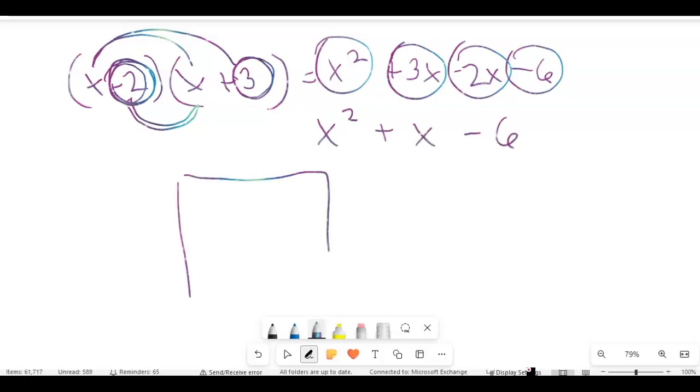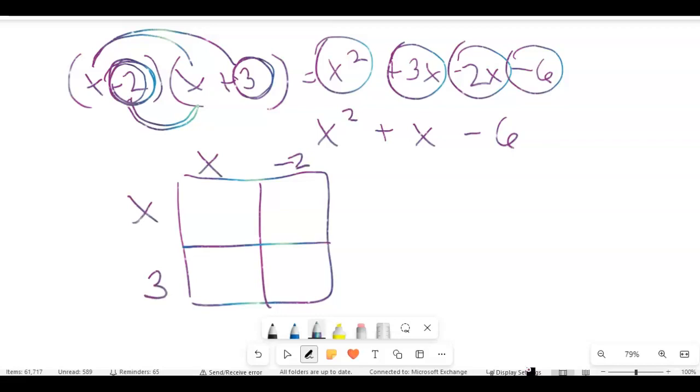We can also solve this using the square, where we say x minus 2 times x plus 3. Again, the key and most important part here is that we keep that negative 2 there. Then we have x times x is x squared, negative 2 times x is negative 2x, 3 times x is 3x, and 3 times negative 2 is negative 6.